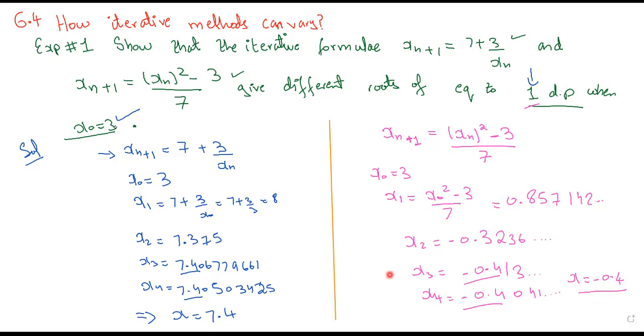So the question was how iterative methods can vary. We can see that they can certainly vary, and they vary a lot by using two different x equals g of x forms. Is that clear? Yes. Perfect. We are just left with one question.